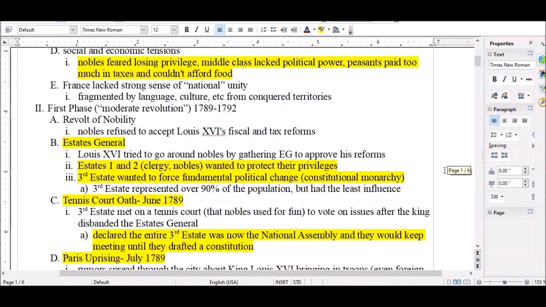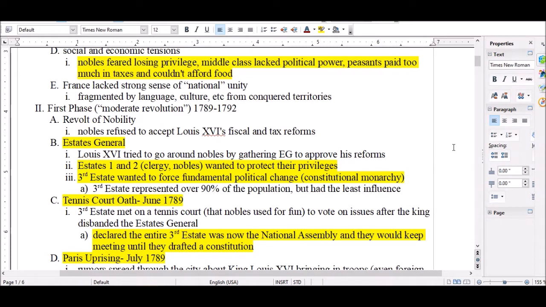Okay, so one of the other issues that France is facing is this lack of national unity. This is going to be especially problematic. There's a lot of different groups that don't see themselves as particularly French.